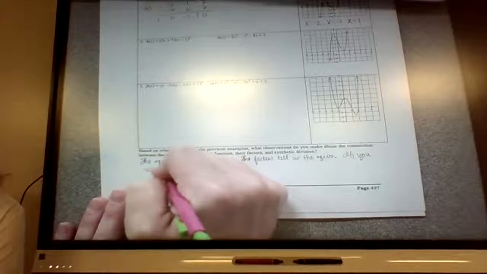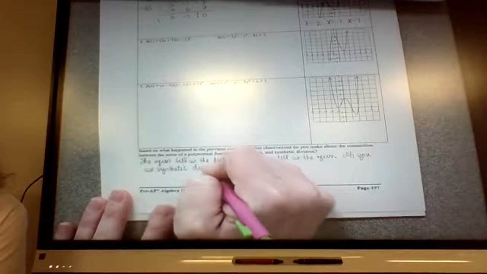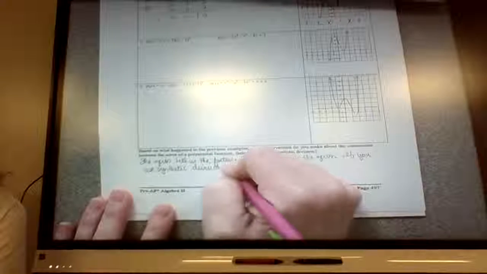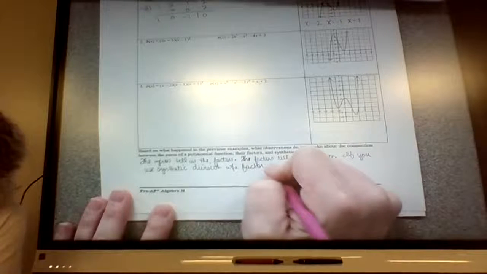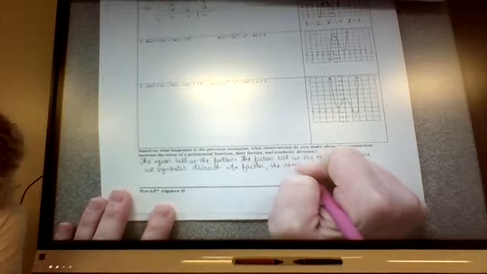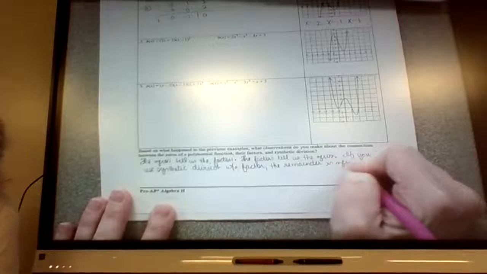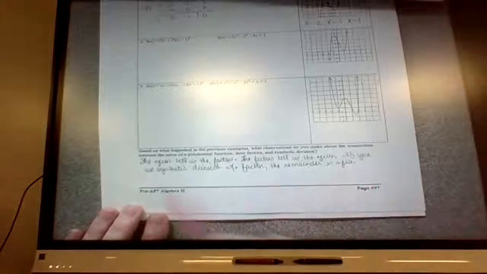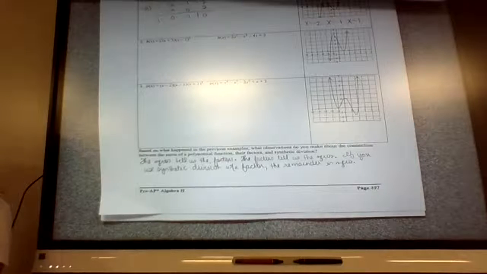If you use synthetic division with a factor, what's the remainder? 0. Yes. What does that say? If you use synthetic division with a factor, the remainder is 0. And we can turn that one around too. If the remainder is 0 in synthetic division, then you found a factor.